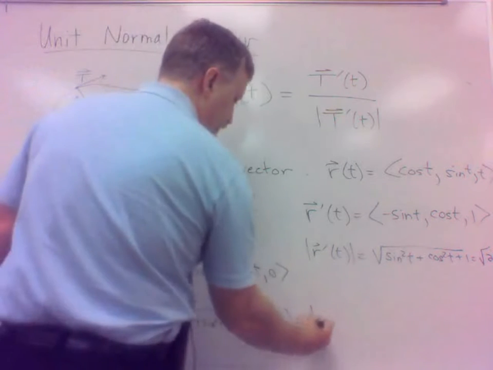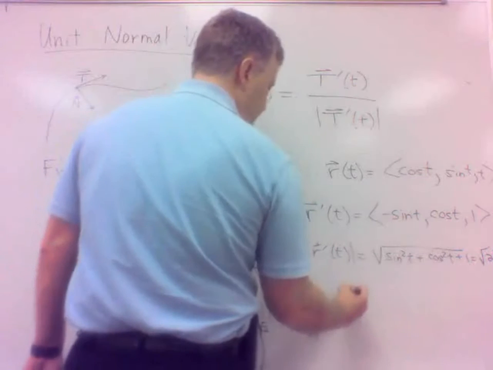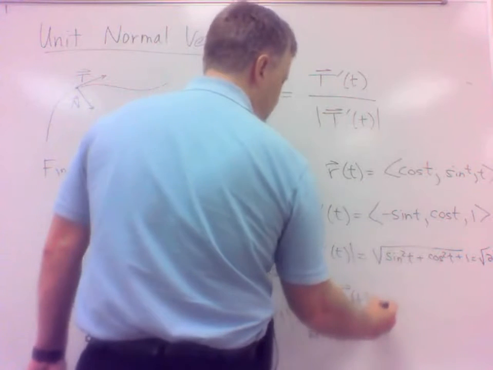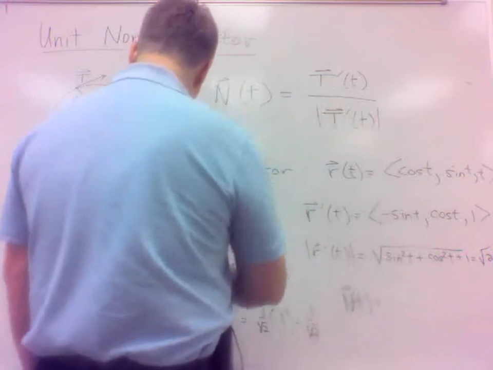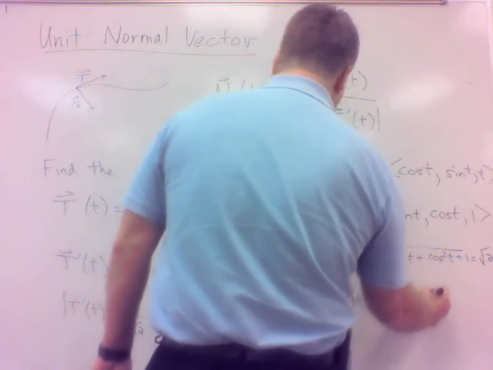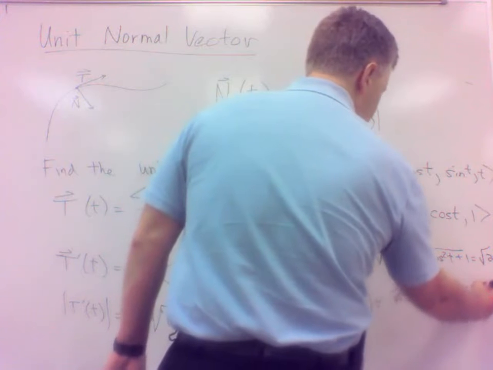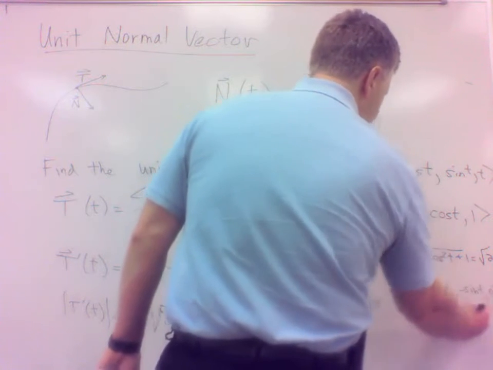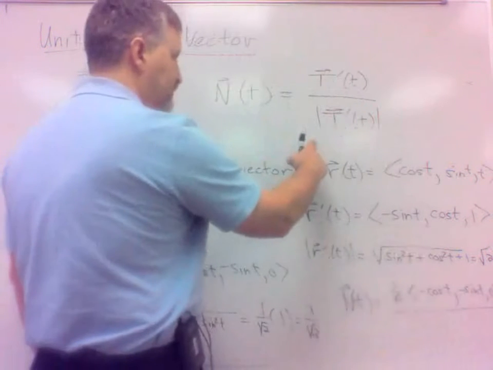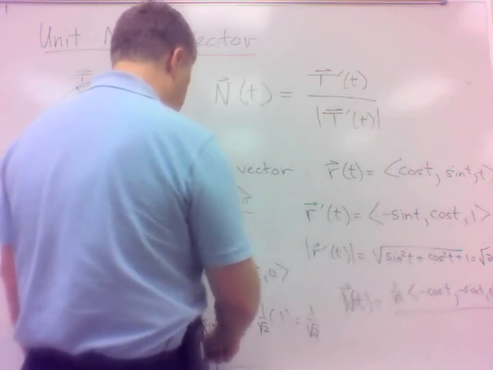And so our unit normal vector then would be the derivative vector, 1 over the square root of 2, negative cosine t, negative sine t, 0, divided by the magnitude of the unit tangent vector derivative, which is 1 over the square root of 2.